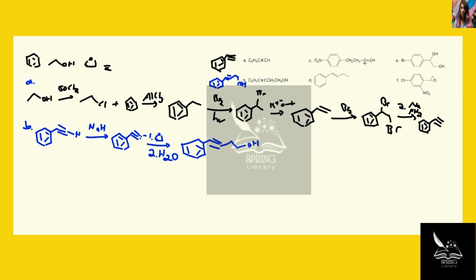So what we can do is, we need to add 2 carbons, just like in A. And then once we add those 2 carbons, they would be ortho and para directing. So then we can add our nitro group at the para position. And then we need to continue working on these 2 carbons.